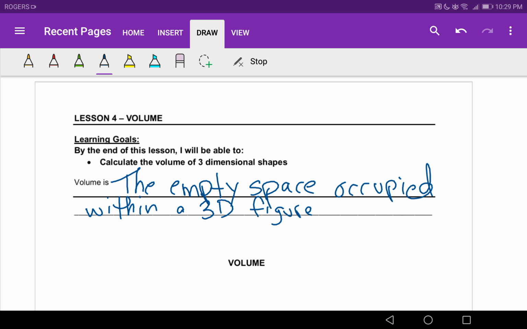Right, that would be an area situation. But in this case, we have a 3D shape. We have a glass that you would fill up with water. That's popping out, that's sticking out. It's not just a flat shape. And filling that up with water would be a volume situation. Okay.